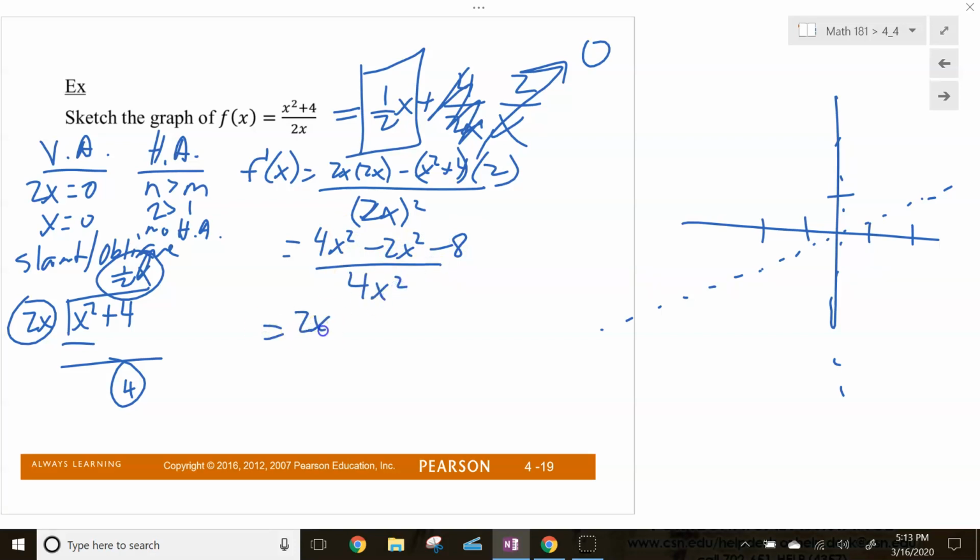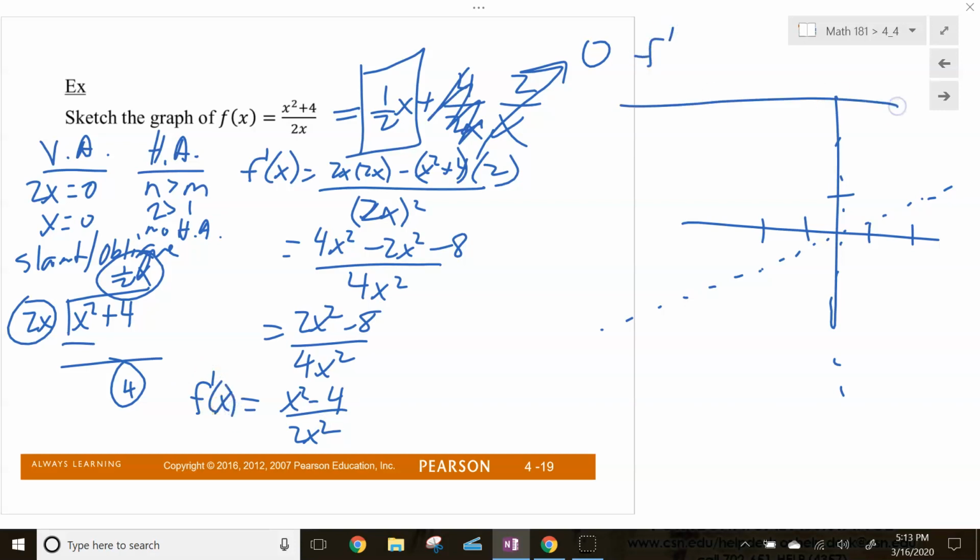So that's 2x squared minus 8 over 4x squared. So that's x squared minus 4 over 2x squared, or x minus 2 times x plus 2 over 2x squared. All right, so in terms of the f prime, you've got 2 and negative 2. So 2, negative 2. Where's the derivative undefined? 0. Okay, so we're going to be examining all around that.